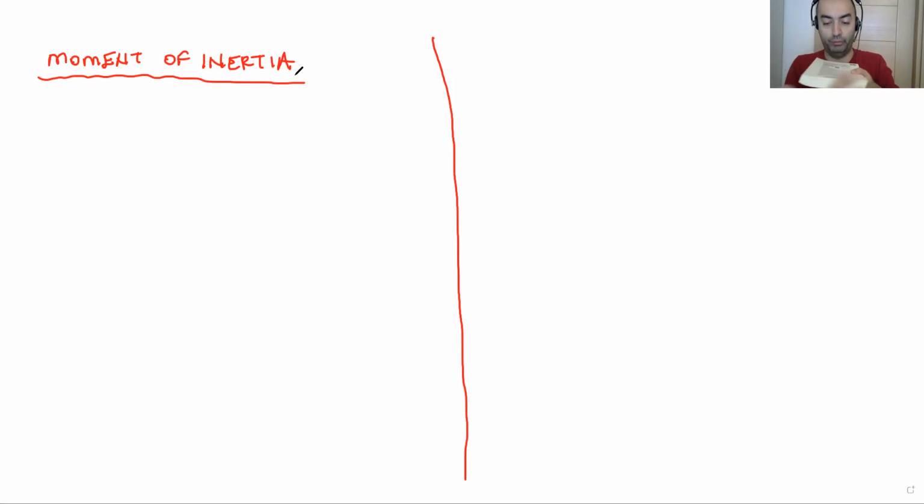What is the section of this beam? The section is perpendicular to this member. My section is this, as you can see. There's a long edge and a short edge. When I apply the load, you can see the deformation.